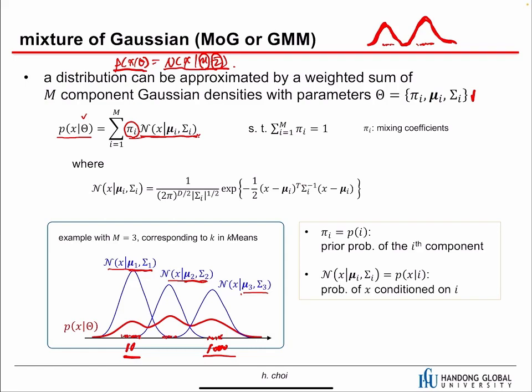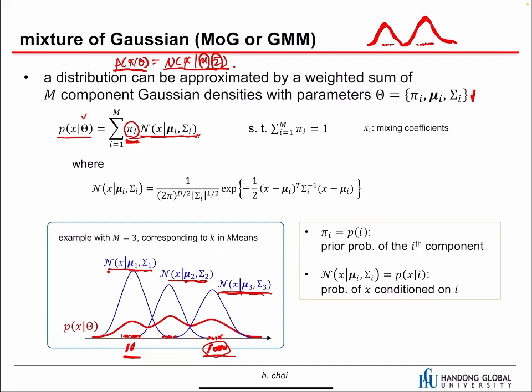So if we have 10,000 samples, then this Gaussian should have more weight. That is actually a pi. Okay, so it depends on how many samples are in that component. If this Gaussian is explaining a lot of samples, modeling a lot of samples, then this one will have a high weight.